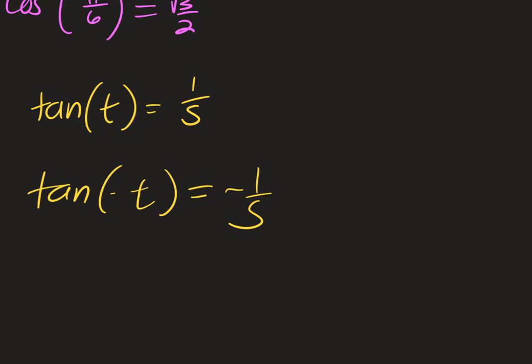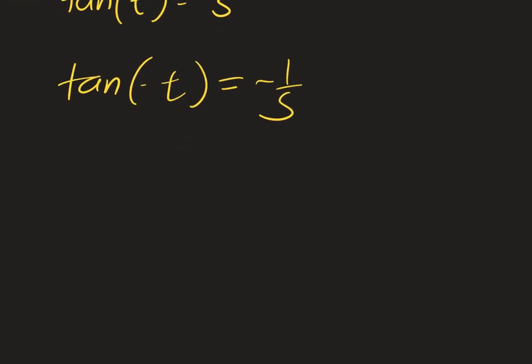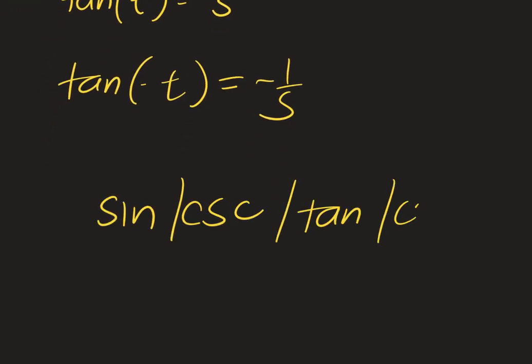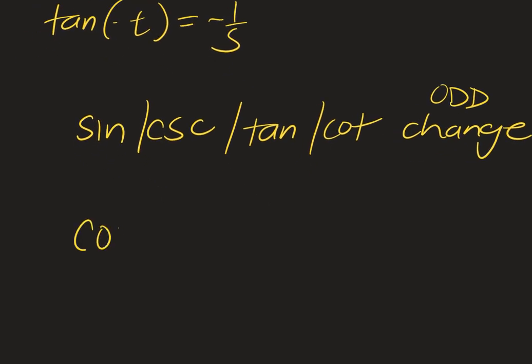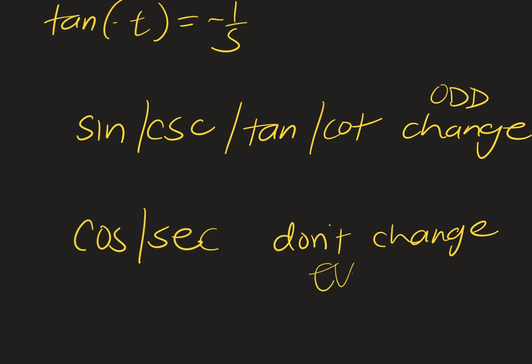Sine, cosecant, tan, cotangent change because they're odd. And then cosine and secant don't change, and they're even.